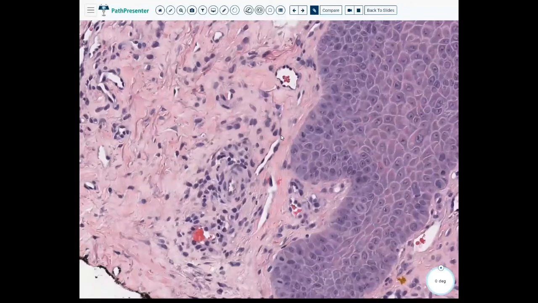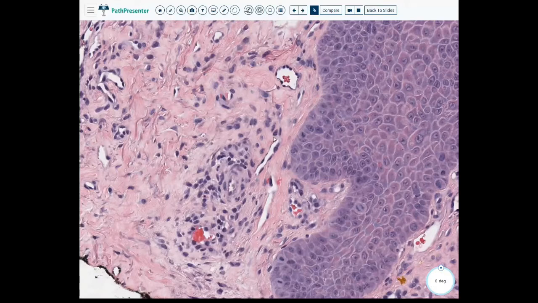Okay, so let's see. That's as far as I can zoom in on this case. What we can appreciate is the eccentric nucleus. The nucleus is pushed off to the side with the cytoplasm on one end, so it almost looks like a comet. I'm not sure how well you can make this out, but this does have clock face chromatin, which is more readily appreciable at a higher power, but this is as high as we can go.